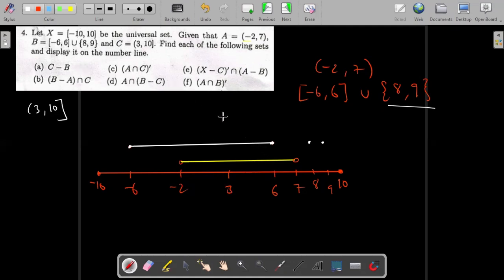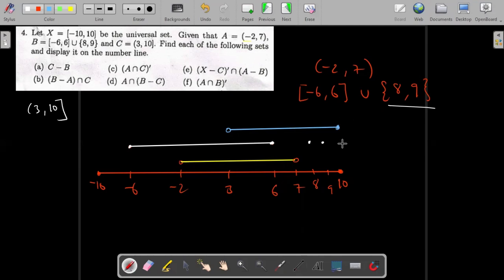It is open at 3, so I'll open it here and it goes all the way up to 10. It is closed at 10, so at 10 I'm going to shade it in. It's going to be like that.